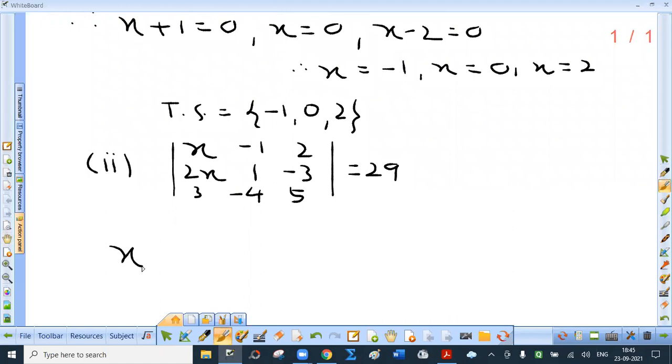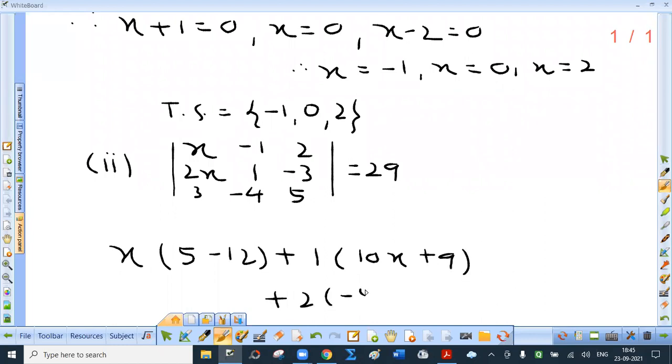Right now. So this is x into 5 minus 12 plus 1 into 10x plus 9 plus 2 into minus 8x minus 3 equal to 29.